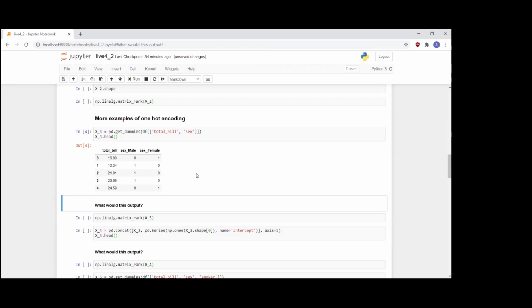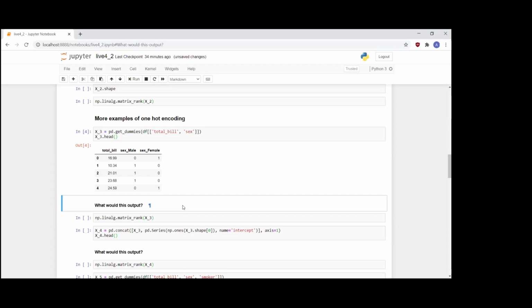But is there a way to create one of the columns using a linear combination of the other columns for this example? Total bill is... We don't have a column of 1s.